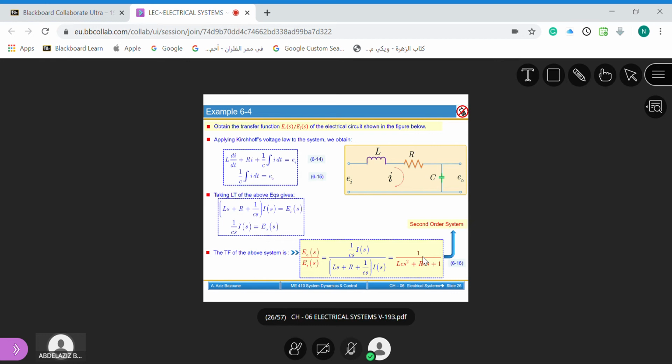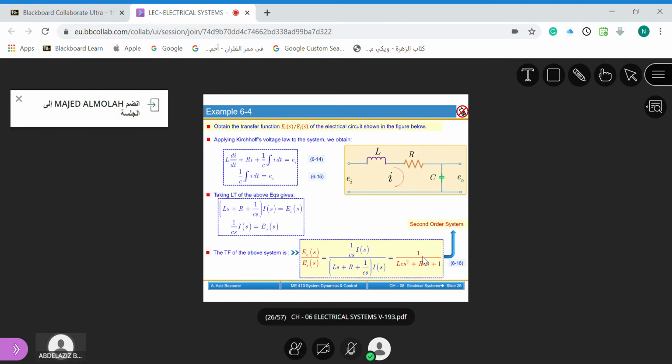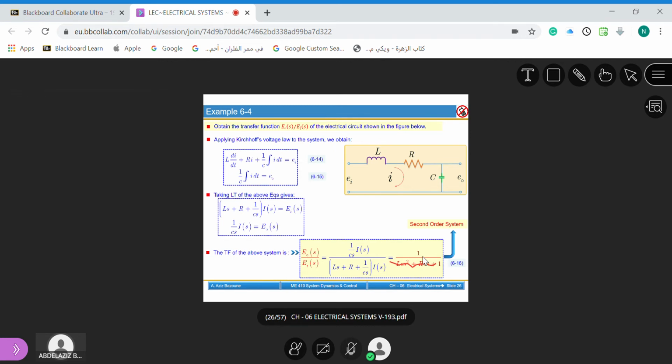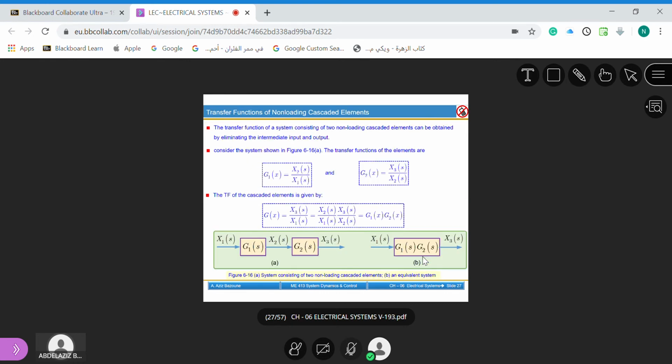It gives you identification about what elements your system contains. Is that clear, guys? It does not tell you how they are connected, but at least you know that you have the 3 elements here, L, C, and R. And this is how we find the transfer function between the output and the input.